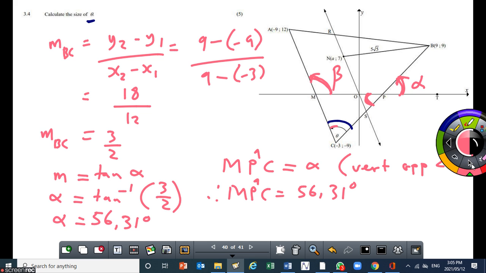I want you to be aware that this question is level 3-4. It's a higher order question. Maybe that's why the other question is wrong. Alright, then let's move on to AC. I now want to calculate the size of angle beta, which you can call ABP if you want.